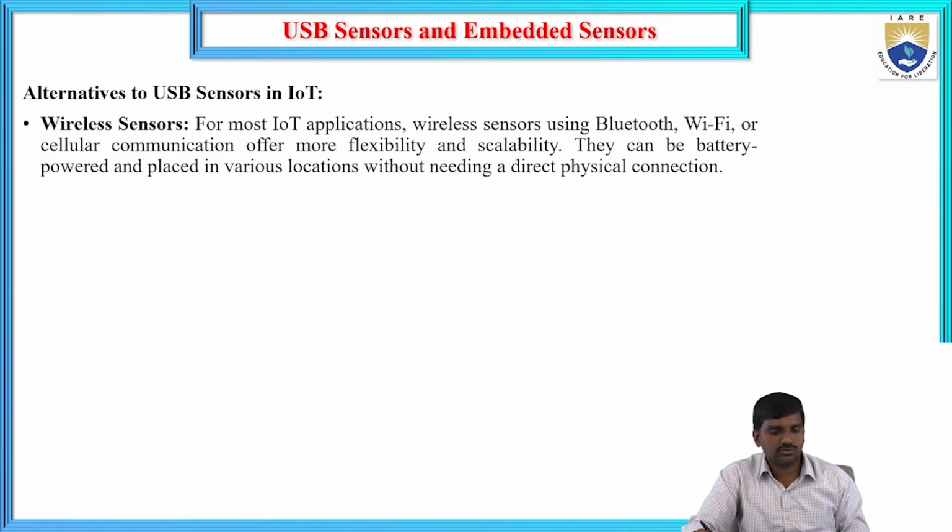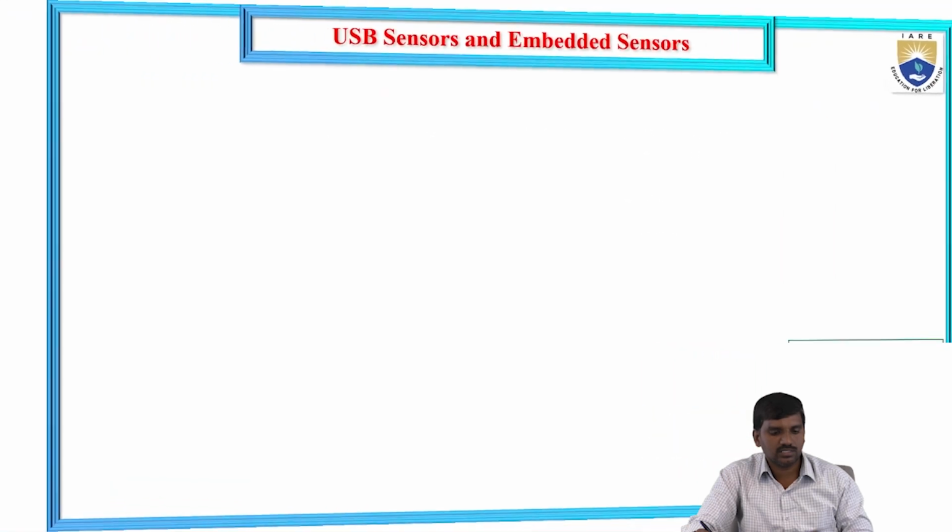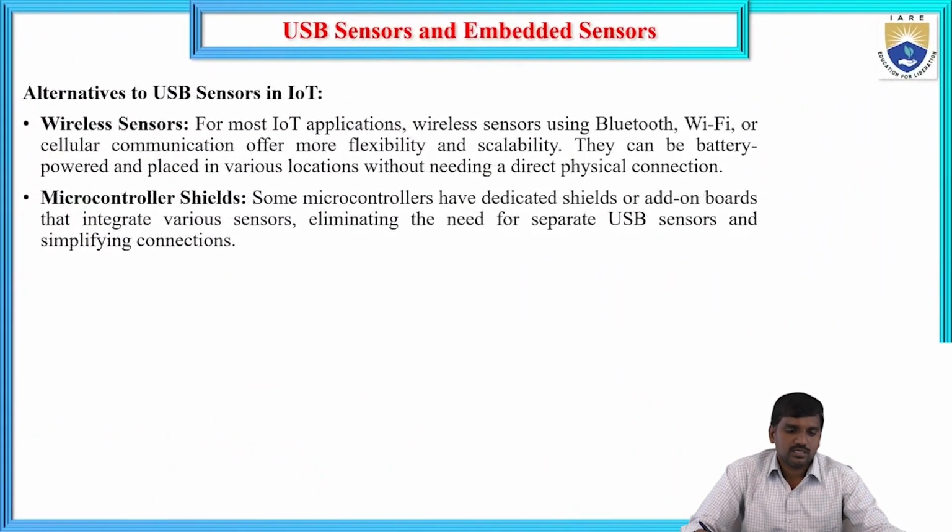And alternatives to USB sensors in IoT: wireless sensors and microcontroller shields are also alternatives. How are they used? Wireless sensors are used for most IoT applications, using Bluetooth, Wi-Fi, or cellular modes.